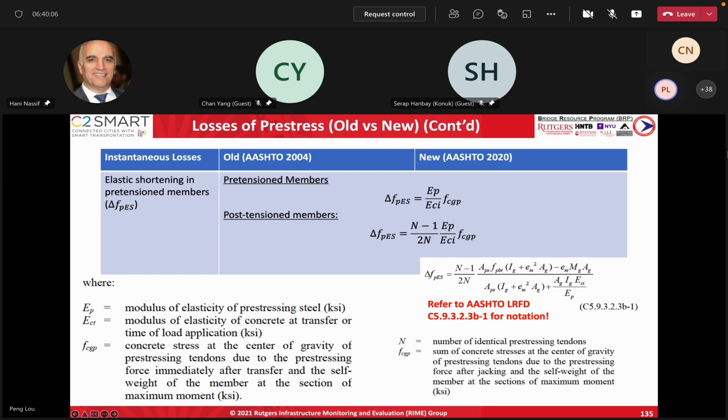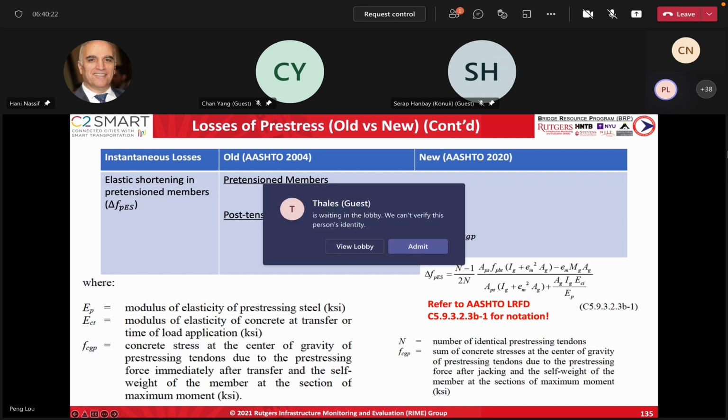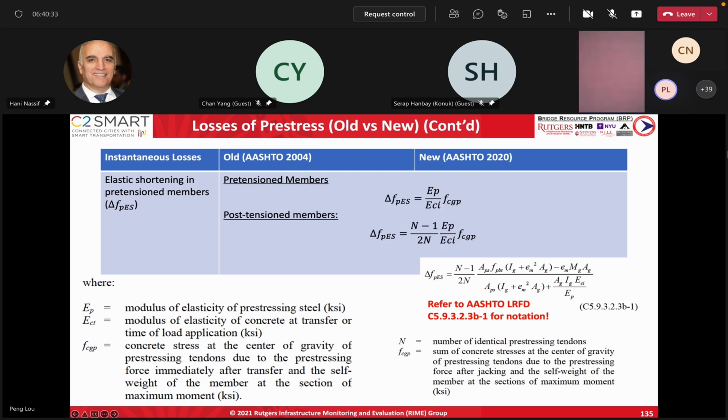I think Wasim has covered this part, the elasticity of pre-stressing steel, and also you need the modulus of elasticity of the concrete at the transfer, right? So fcgp is the concrete stress at the center of gravity of pre-stressing tendons due to the pre-stressing forces, right, immediately after the transfer. So these are the instantaneous losses, right?